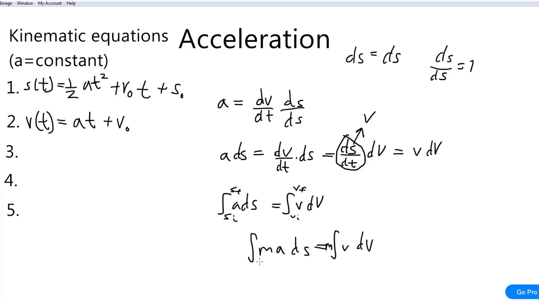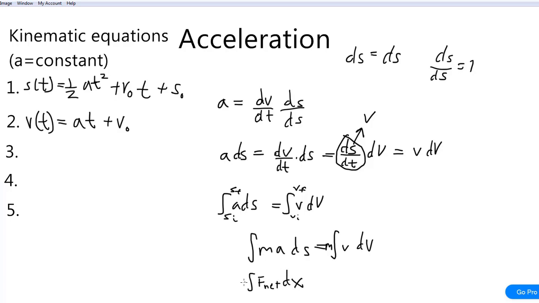So in the end, we get the integral of our net force, F net, because that's equal to mass times acceleration, times ds, but I'm going to call it ds instead of dx now.